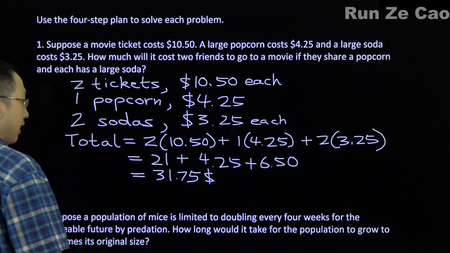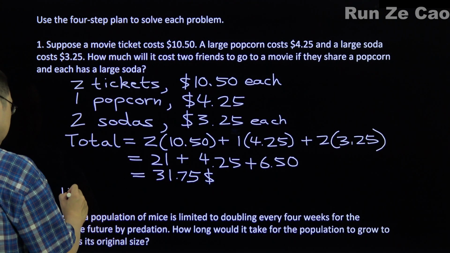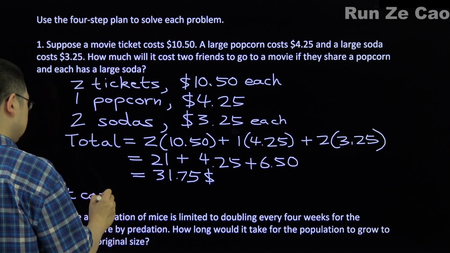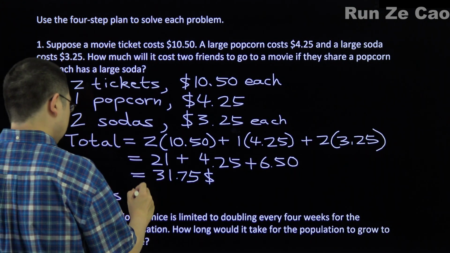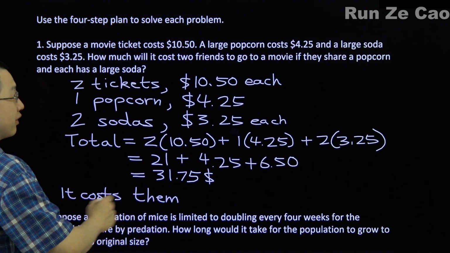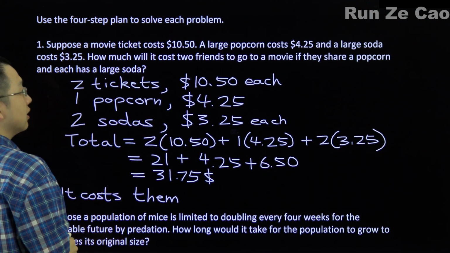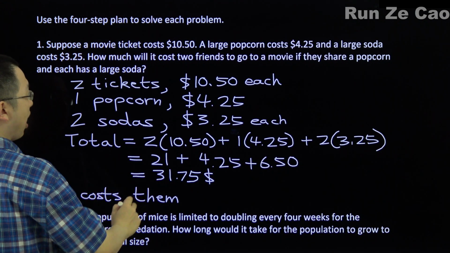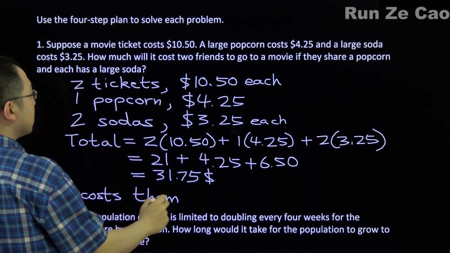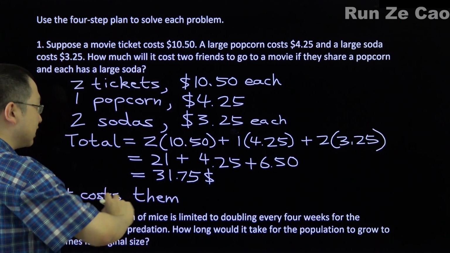And of course, in the other method, we have a statement at the end. So it costs them... Notice how your statement can be very summarized compared to the last bit of the question. Like you could write, it will cost 2 friends this much to go to the movie if they share a popcorn and each has a large soda.